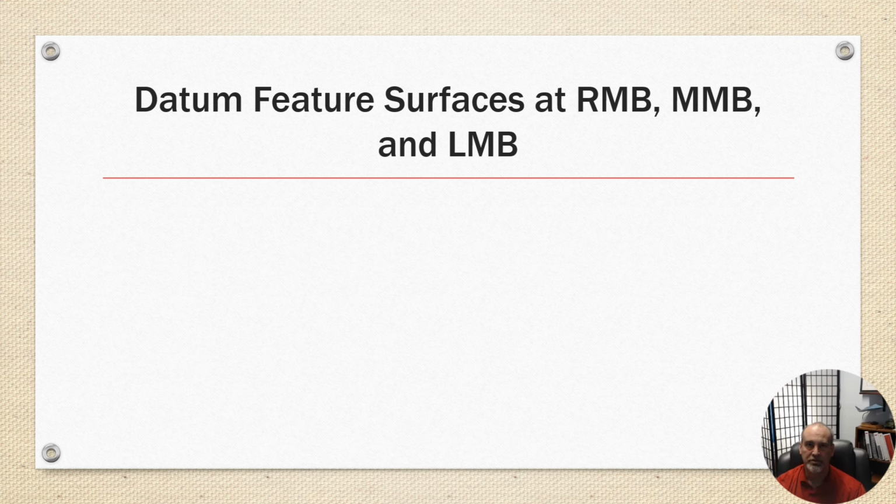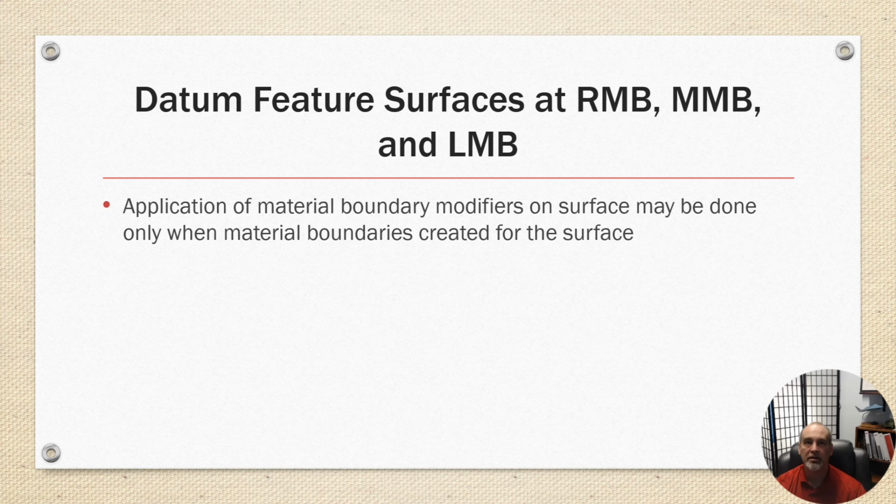Datum feature surfaces at RMB, MMB, and LMB. Application of material boundary modifiers on surfaces may be done only when material boundaries are created for the surface, through the application of profile tolerance.